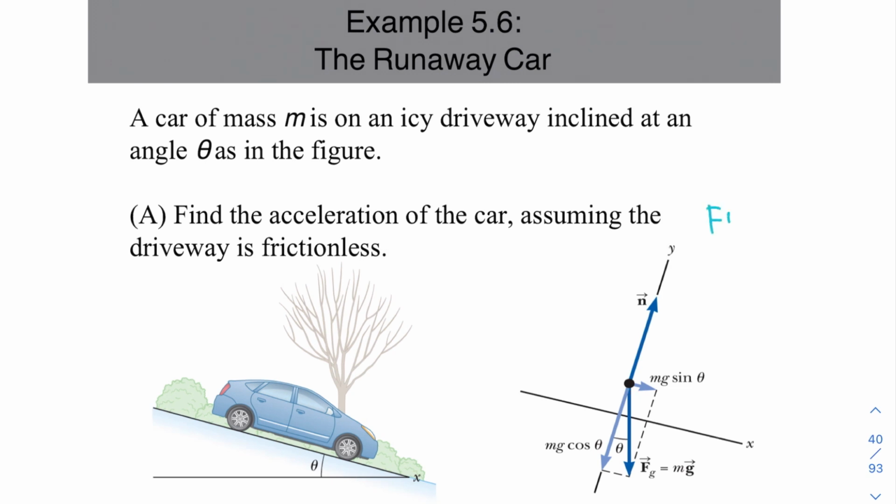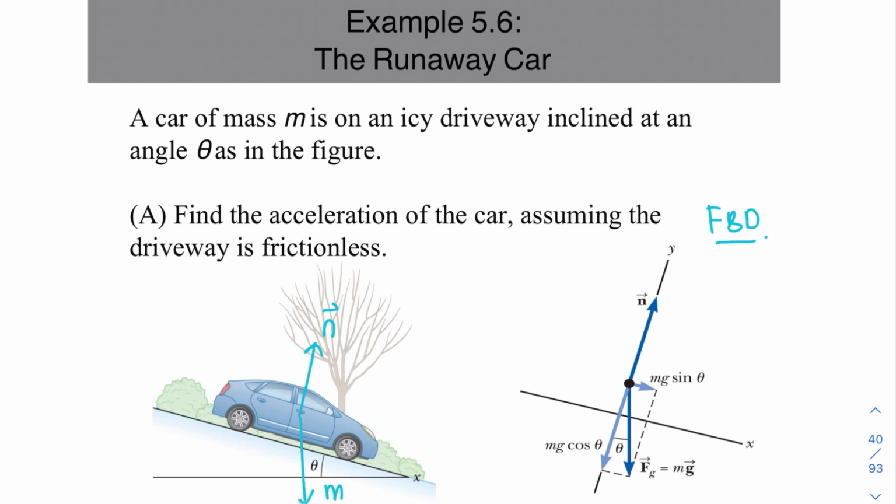This is the FBD, free body diagram of our car, where we list down all the forces acting on the car. There is a contact between the car and the incline, so we have a normal force, and also we have weight.